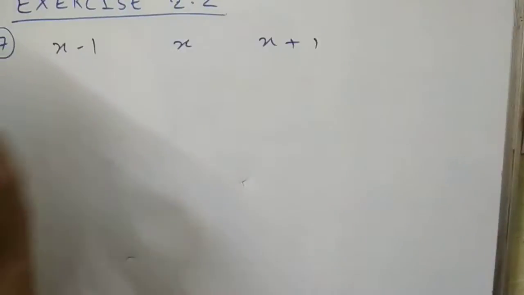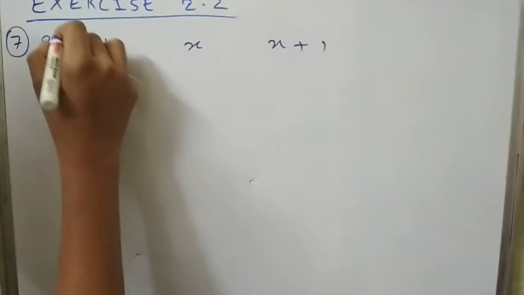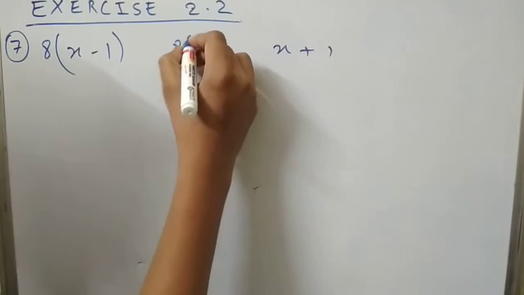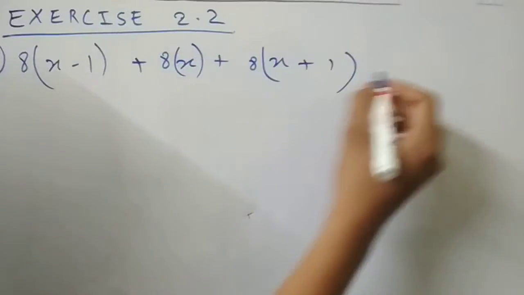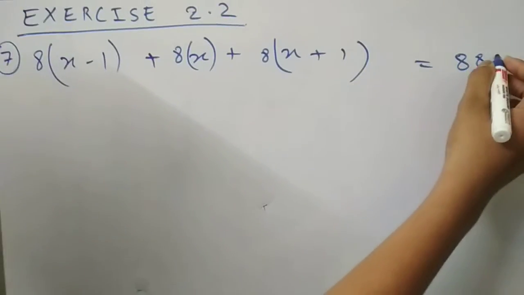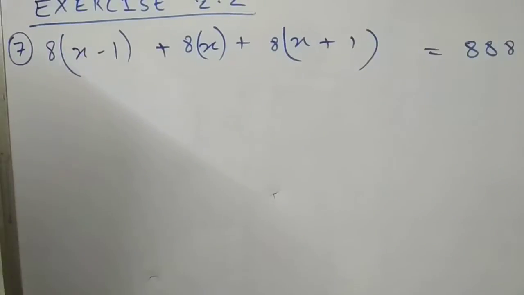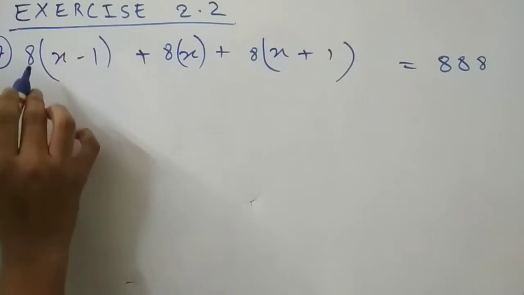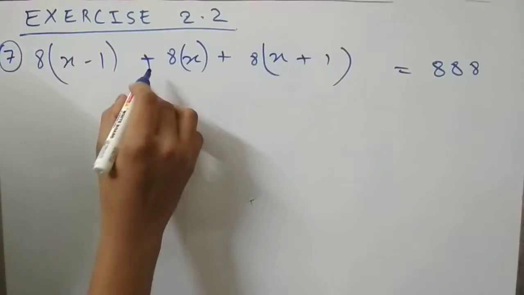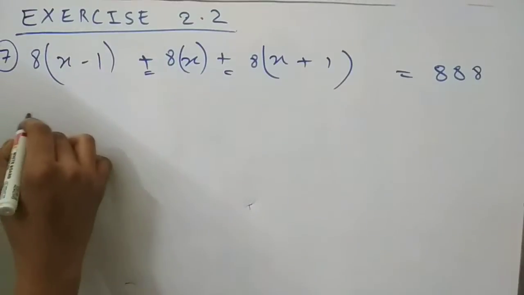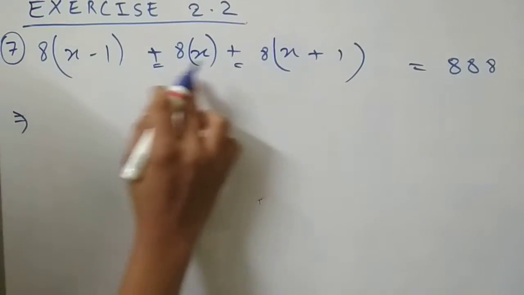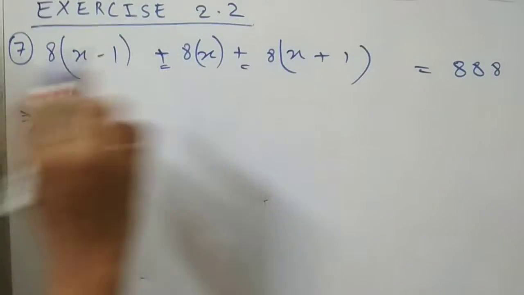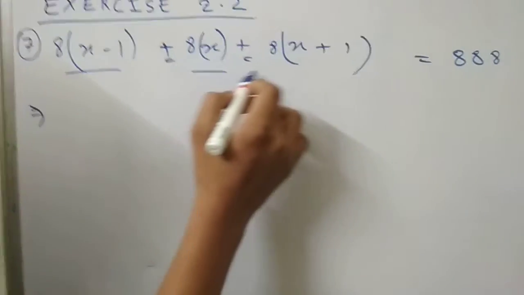So what are multiples of 8? That means each one has to be multiplied by 8 and they are added, and the final answer is 888. Now, can you see that each number is multiplied by 8 and the operation is plus? So we can take the common. Common is a number which is multiplied with all the operands. Operands means all the numbers which are added or subtracted.